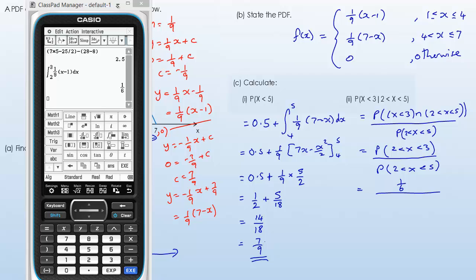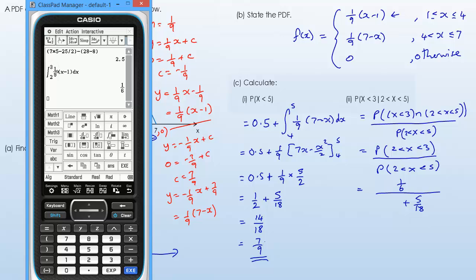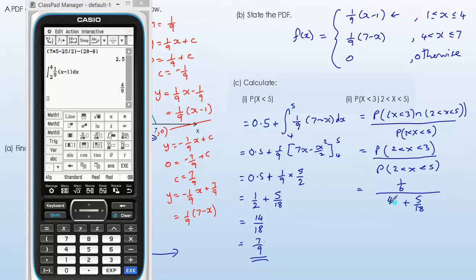Now for this bit on the bottom, 2 to 5, we've got 2 to 4 where we're using the first function, and then 4 to 5 where we're using the second function, and we already worked out that one was 5 over 18. So all we need to do now is go back here and edit that to a 4, and we get 4 over 9, and then we can just evaluate that.